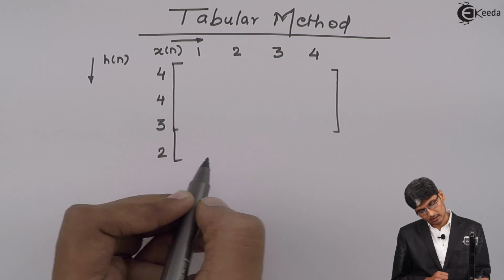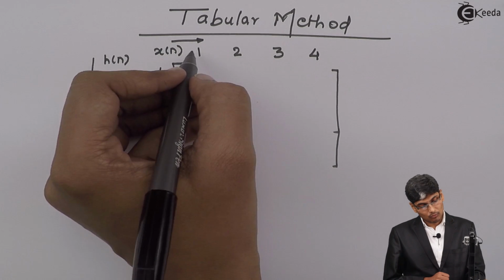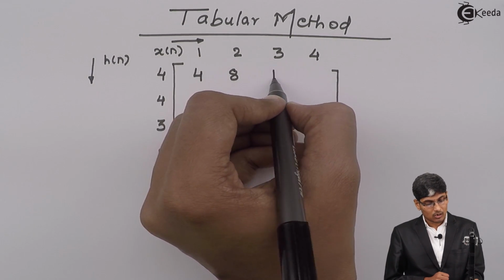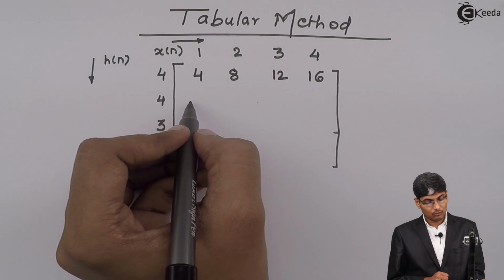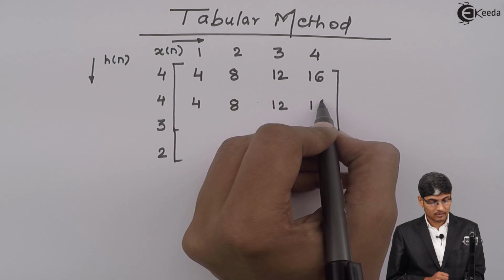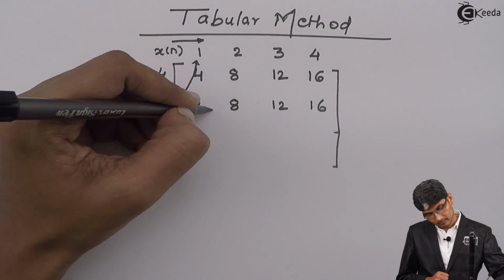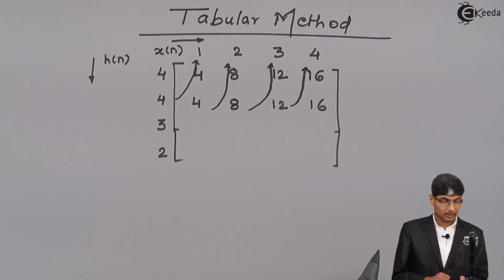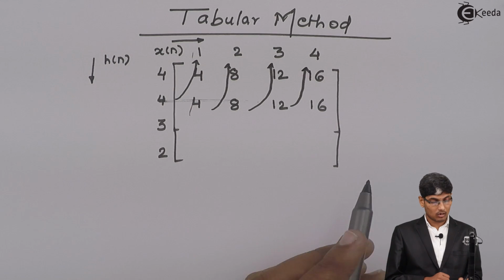Let us extend. Then I will multiply as 4 1s are 4, 4 2s are 8, 4 3s are 12, 4 4s are 16. Then 4 1s are 4, 4 2s are 8, 12, 16. You see that I am multiplying this way. This is the order of multiplication, row and column, row and column.